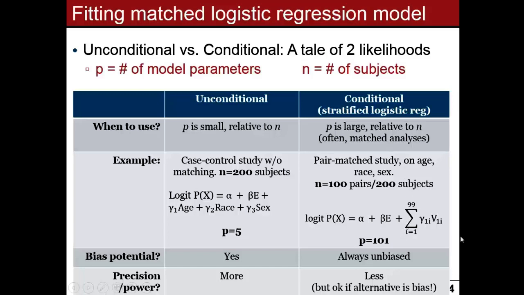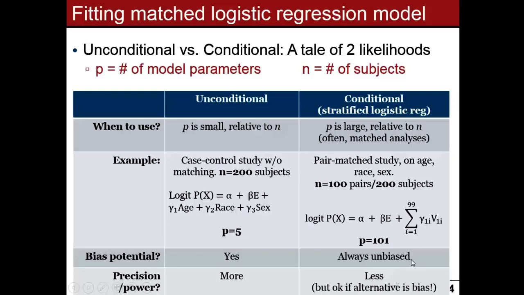If you fit this with an unconditional model, if you typed all this on the model line and fit that, you will probably get a crazy answer, or a biased answer. You are fitting way too many terms in your model relative to the number of subjects. But if you do the conditional model, you will get an unbiased answer.